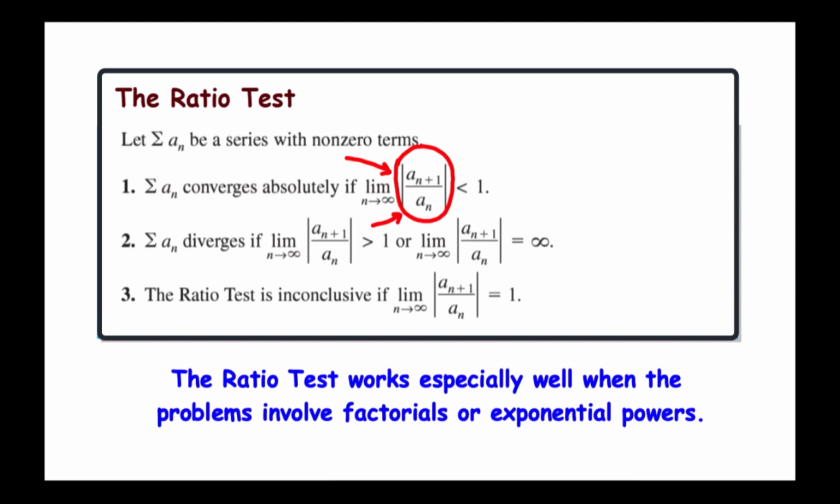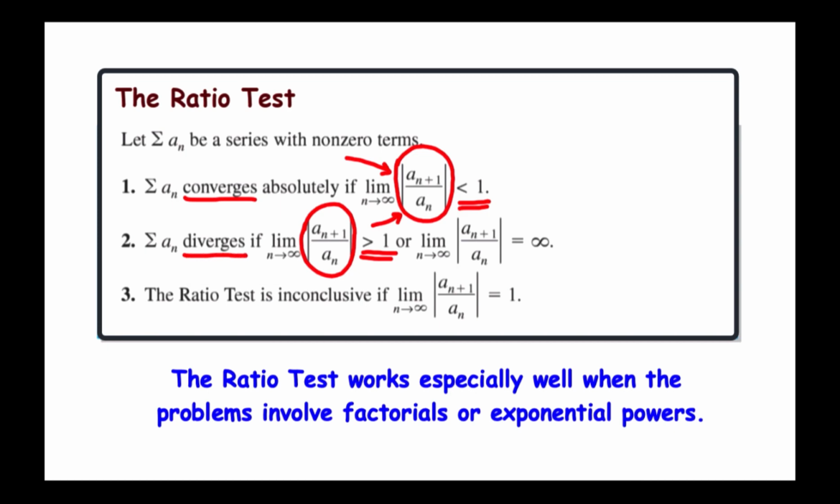If it comes out less than 1, it converges. In fact, it converges absolutely, but the absolutely part isn't really important in section 9.6. We're not doing absolute versus conditional here like we did before. All right, same thing. If this fraction is greater than 1, then it diverges.